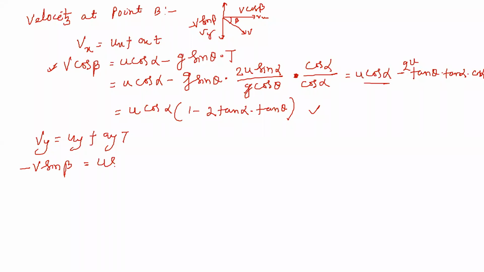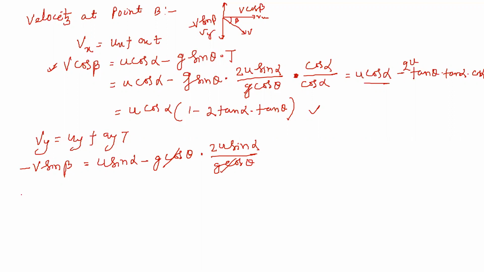vy is equal to Uy, which is u sin alpha, correct? Minus ay, which is minus g cos theta, whole into total time of flight, 2 u sin alpha divided by g cos theta. So your g cos theta cancels. Yes or no?